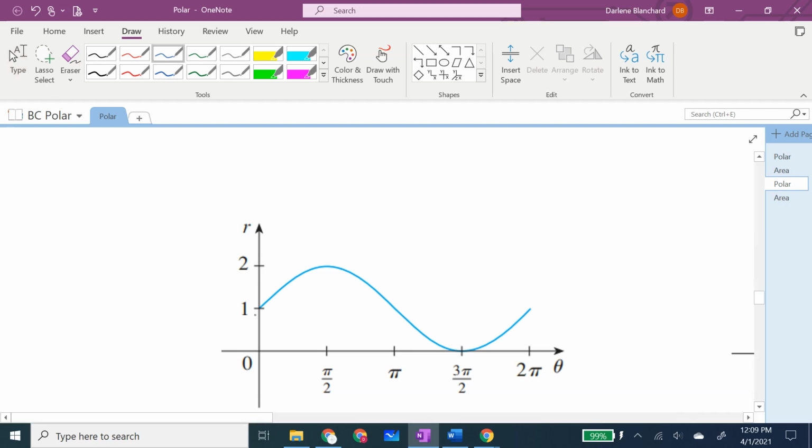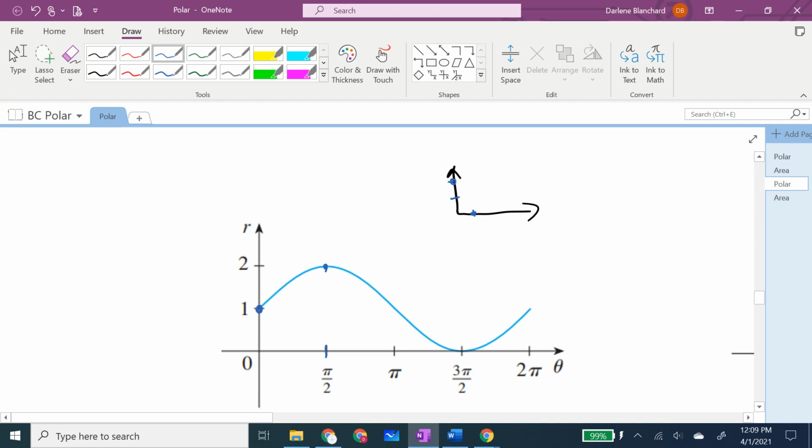When I'm at angle 0, my r is 1. When I'm at angle pi over 2, my r is 2. While my angle goes from 0 to pi over 2, it's going to go from 1 out to 2.